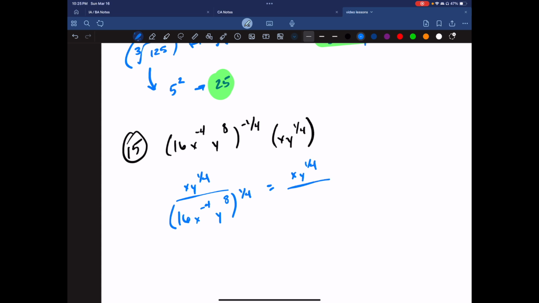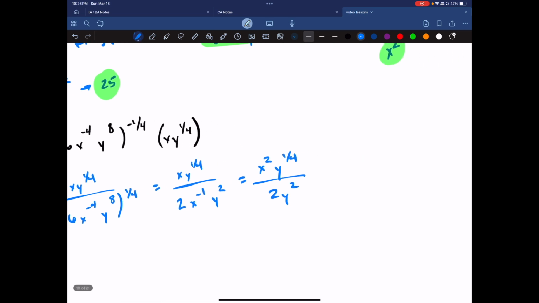2 to the fourth is 16, so that's going to be 2. It's going to be x to the negative 1, y squared. Now we still have this negative 1 here in our exponent, which we can't leave. So we're going to finish this problem by moving this x to the negative 1 up, which means we're going to have x to the first times x to the first, which is going to be x squared, y to the 1/4 over 2 y squared.